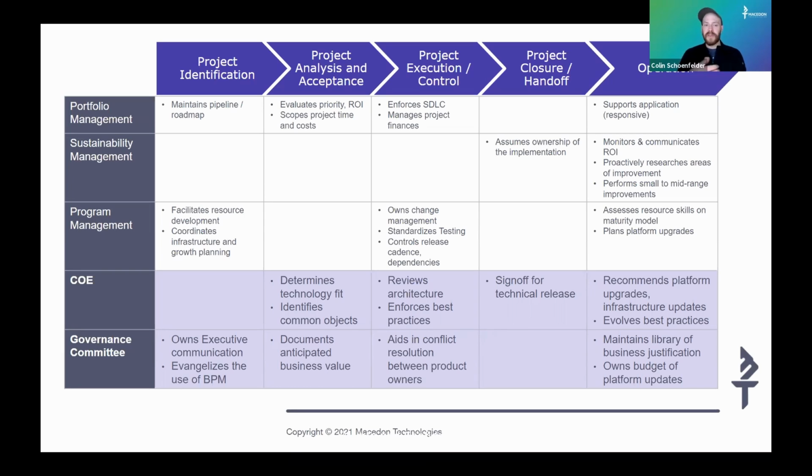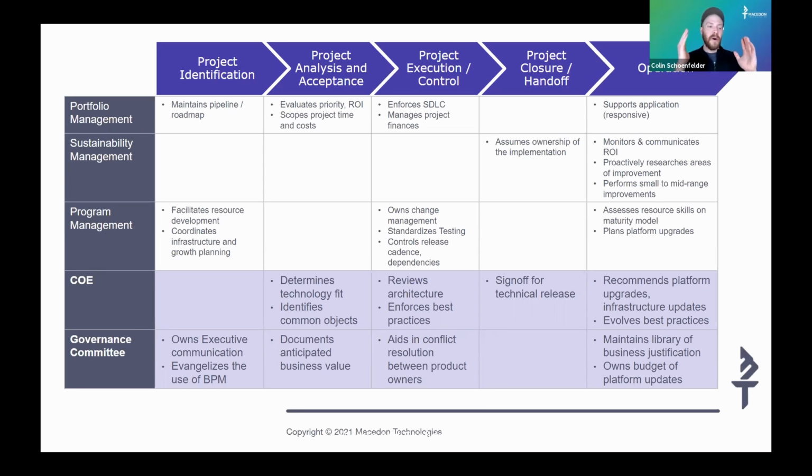Right. And then once the project has been identified, that's where COE starts to get involved, right? Where it's like, okay, this is a project. Does it make sense for technology? Sometimes things don't even really need that much technology involved. But often, if we're talking about these low code platforms, trying to build out some solution is going to be appropriate.